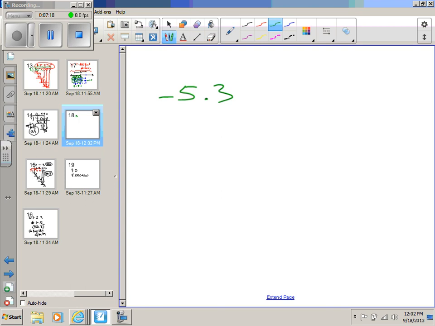A negative 5.3 plus a negative 4.9. So what's the rule that you need to remember with decimals? First of all, anytime you add or subtract with decimals, you need to what? Line them up, okay?